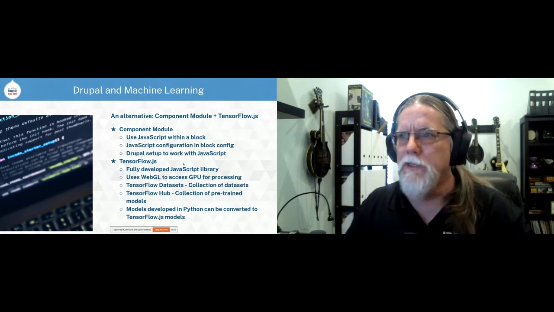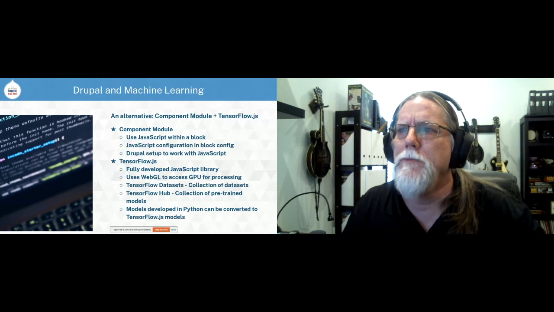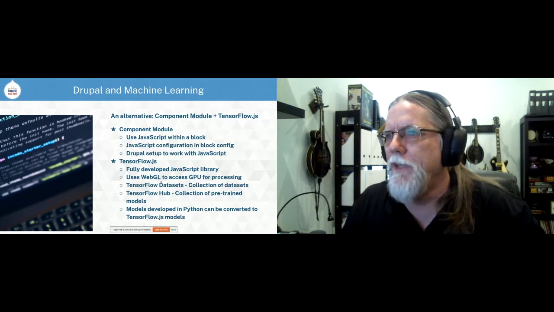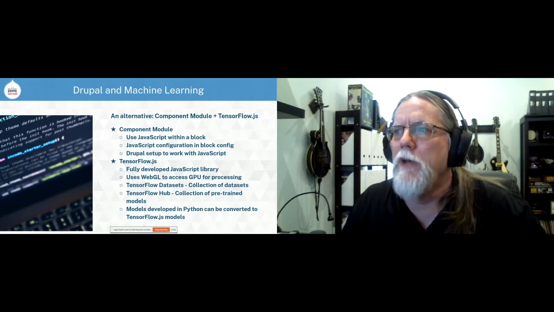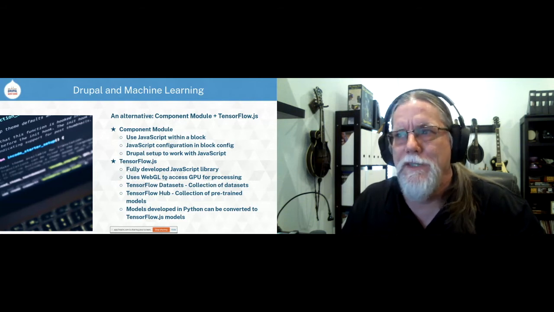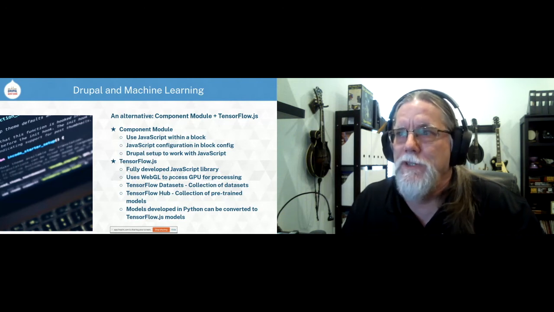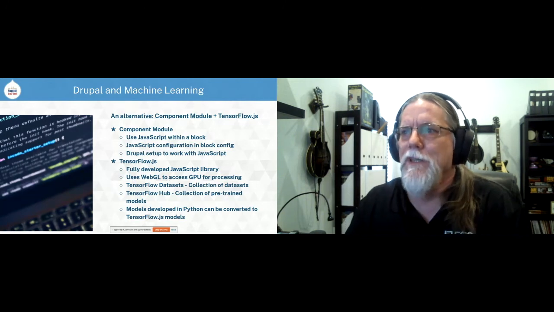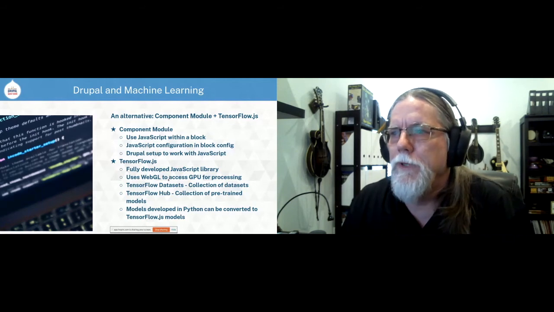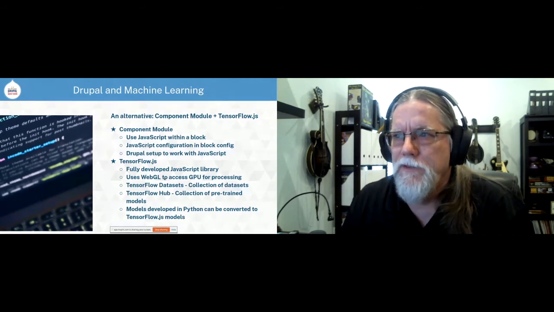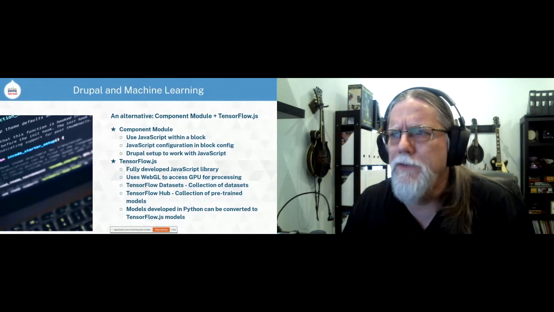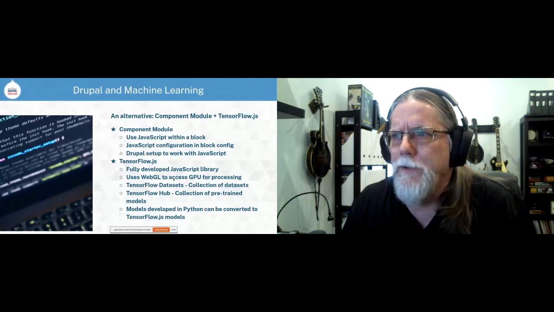Tensorflow.js is a fully developed JavaScript library. It uses WebGL to access the GPU for processing, so it's very quick. It's not as fast as a dedicated GPU, but it's faster than just a CPU. They've fine-tuned this, and they use some other techniques to increase the speed.